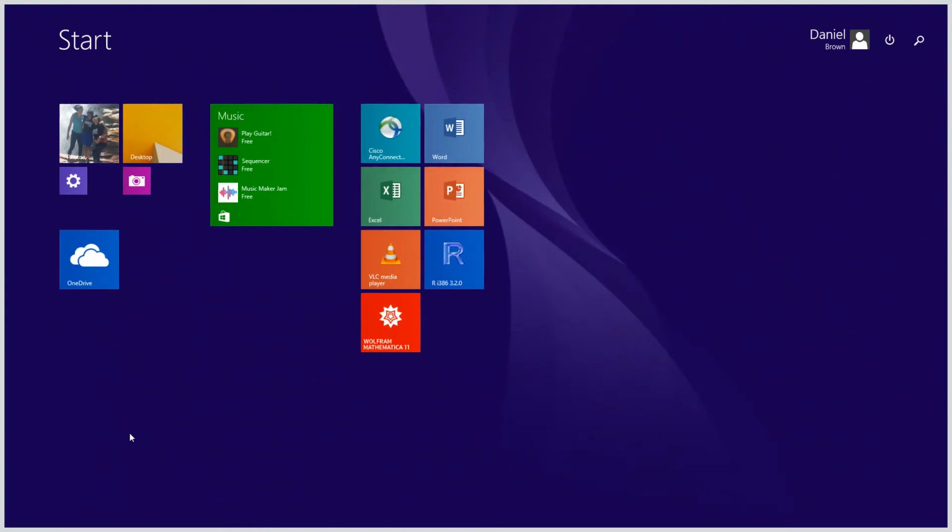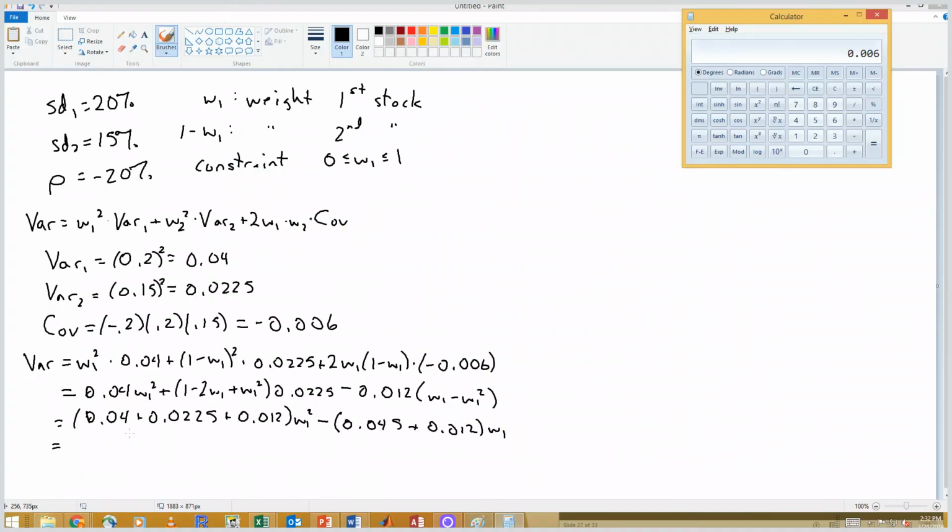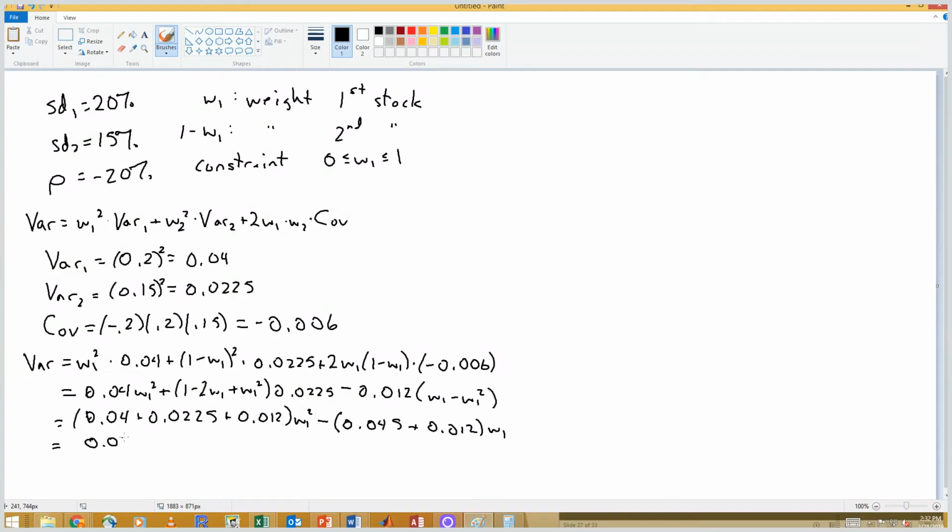Let's just make sure and not mess up. 0.04 plus 0.0225 plus 0.012 is 0.0745. 0.0745 W1 squared plus that'd be 0.057 W1. Okay, so that's our variance equation.